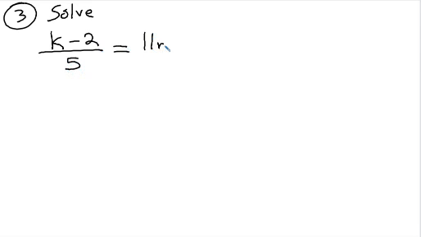Let's solve (k minus 2) over 5 equals 11m. Let's solve it for k. So pause the video if you're watching this and try it on your own, then I'll go over it.